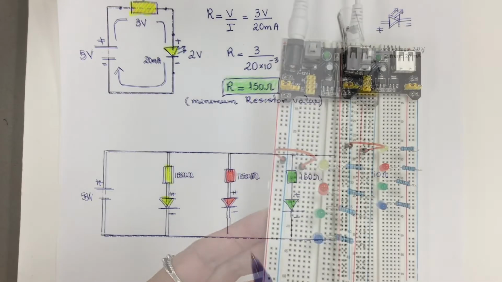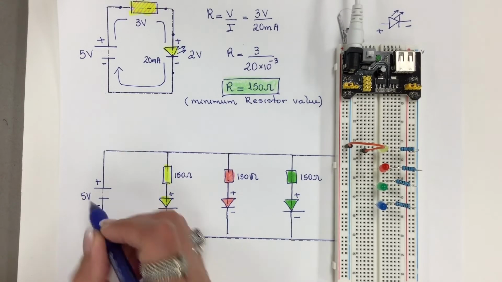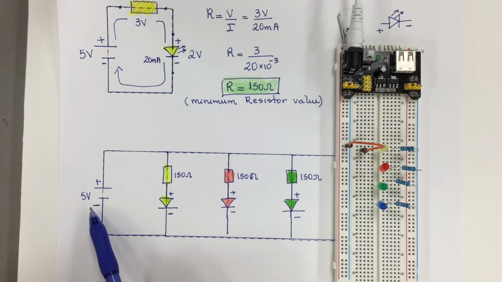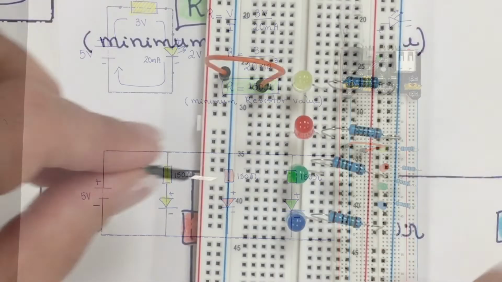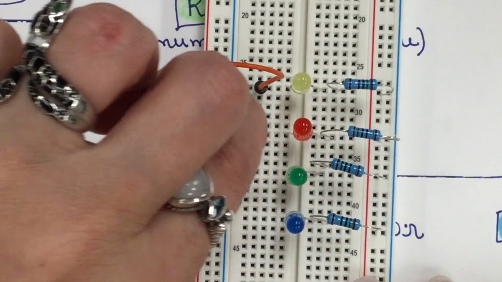Now I'm going to connect the negative side of each LED to the negative side of the voltage source. So any place here should be fine.